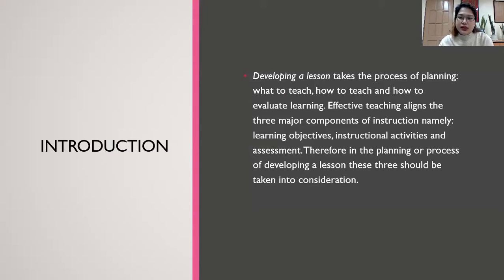So in developing a lesson plan, we should consider what we are teaching. Also, you should ask yourself: What am I teaching? Who am I teaching? How will I teach? And how will I know if the students understand the lesson?